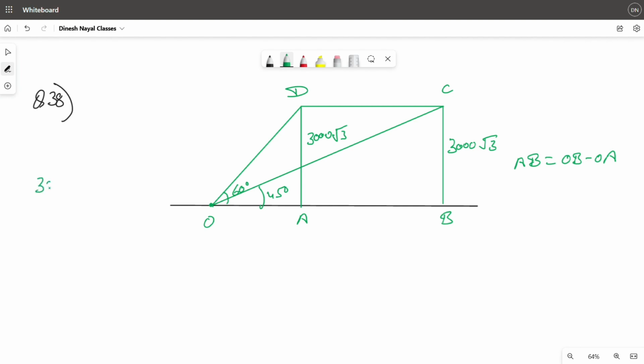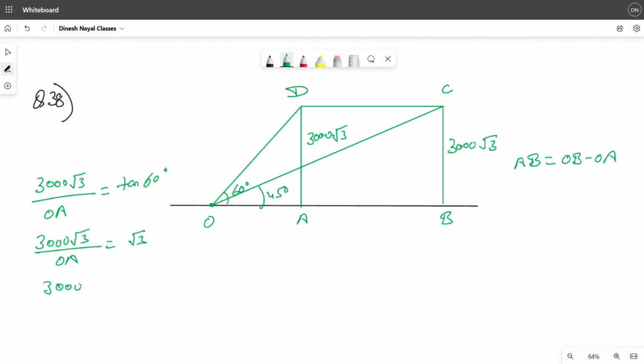First of all, taking triangle ODA. The perpendicular is 3000√3 and the base is OA. This is equal to tan 60 degrees, because that angle is 60 degrees. We know that tan 60 degrees is √3. So 3000√3 upon OA equals √3.